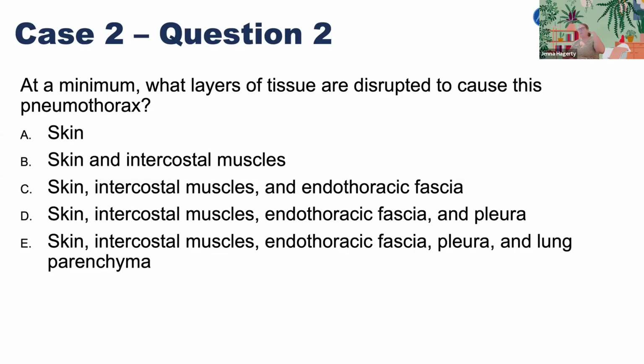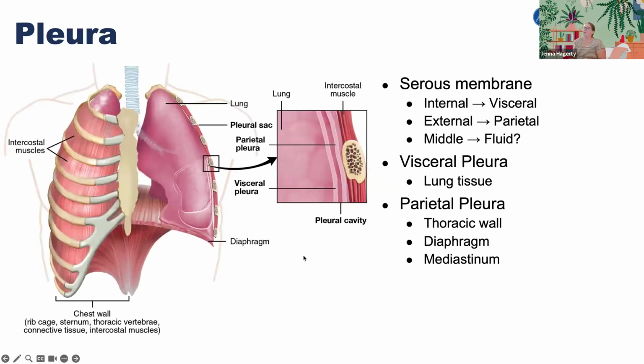Yeah, because you have the visceral pleura. We know we have the visceral pleura along the lung itself. That pleura will reflect along the hilum and continue along the thoracic cage as parietal pleura. And how the parietal pleura adheres to the thoracic wall is by endothoracic fascia. Oh, okay. So they're continuous, they're adhered to each other. Yeah.